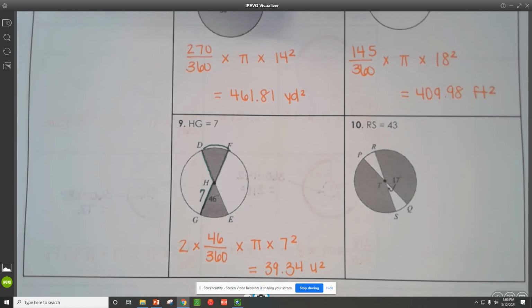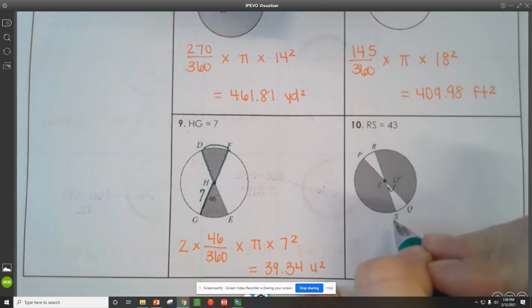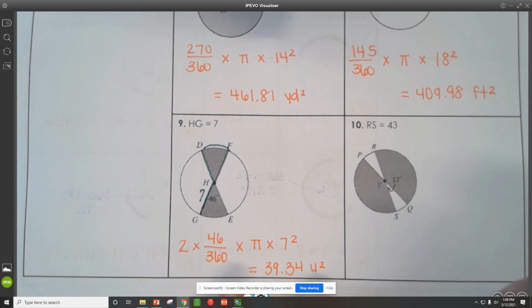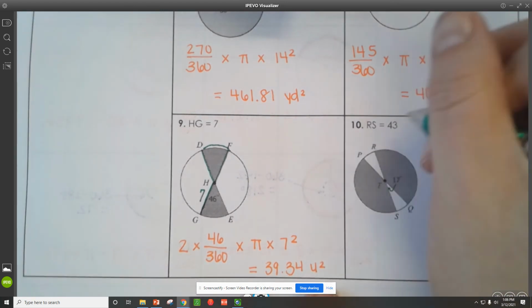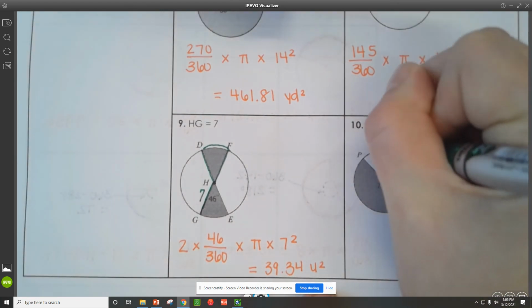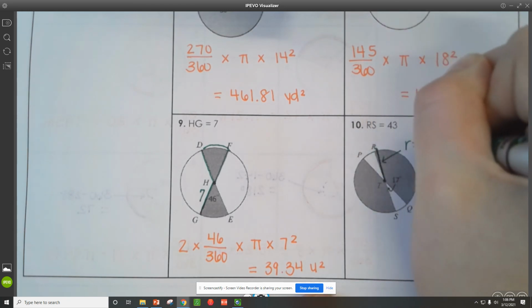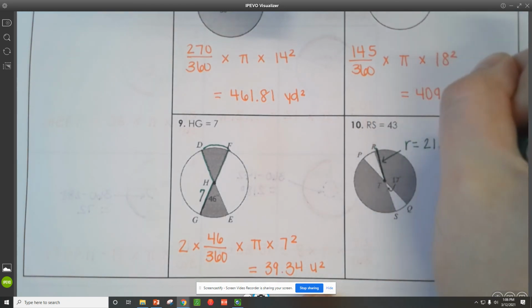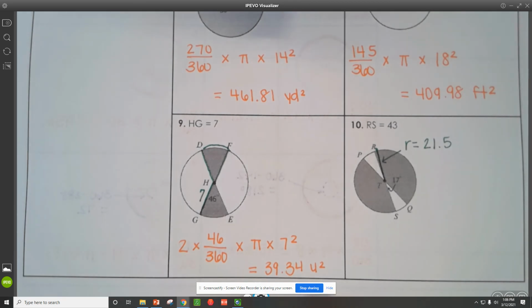All right, number 10. So it tells me that RS, that's my whole diameter, is 43. So the radius is half of that, or 21.5. Now for my angle, it gives me the white space. It gives me the part that I don't want.